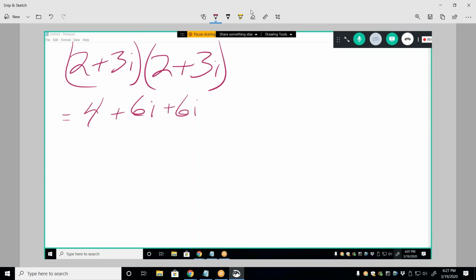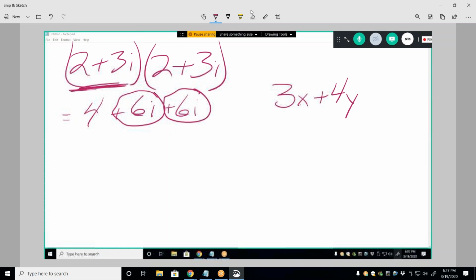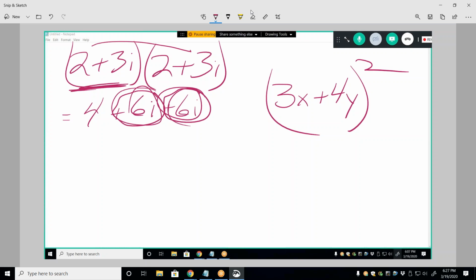Whenever you're squaring a term, these two middle terms are always the same by definition, no matter what term you're squaring. I could be squaring 3x plus 4y, squared. My middle two terms are always going to be identical to one another. You see why? Because that times that has to be the same as that times that.